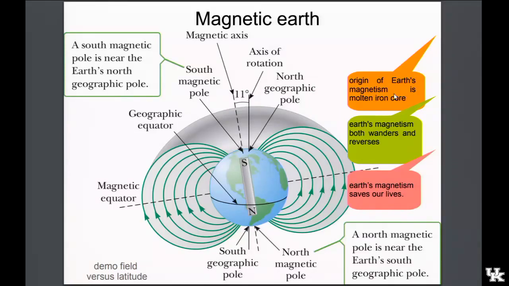The magnetic South Pole, where the field lines head back into, where's that located? That's actually located in Canada, somewhere up in the Arctic Circle. So the magnetic North and South Poles are reversed from the geographic North and South Poles. So that's kind of interesting.